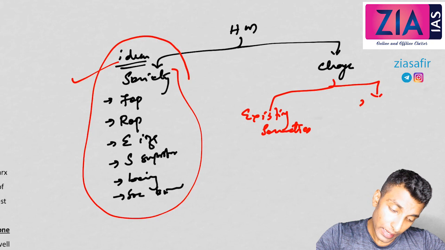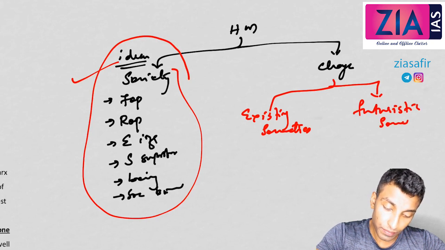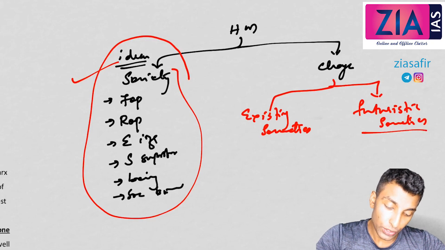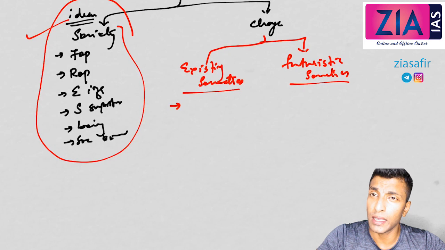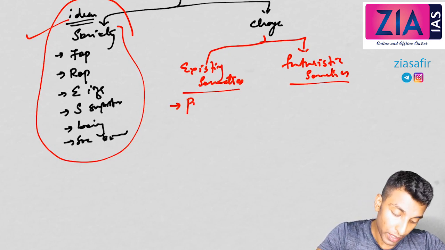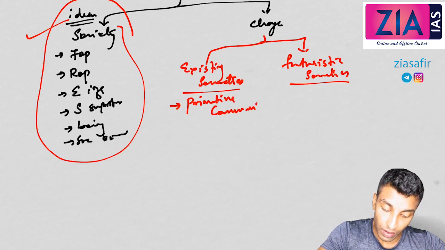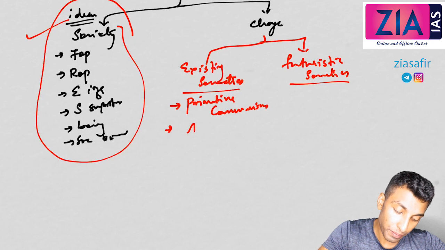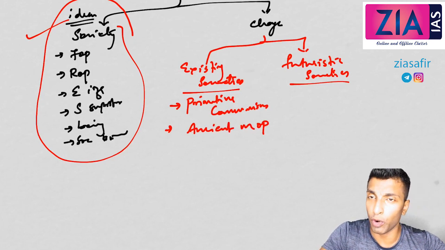So existing society and futuristic societies, okay? So existing societies, understand here, Marx understood in 4 stages. Primitive communism, where everybody was equal, okay? So primitive communism, okay, that is the first stage. Then ancient mode of production, I'm just writing MOP.